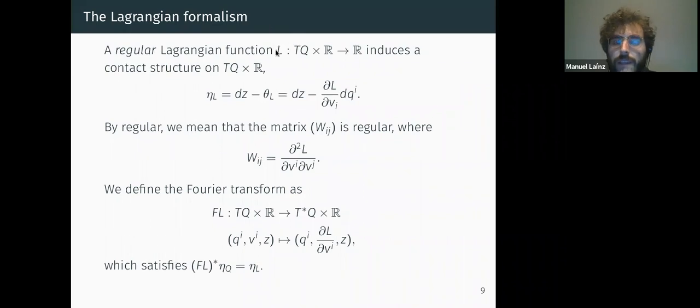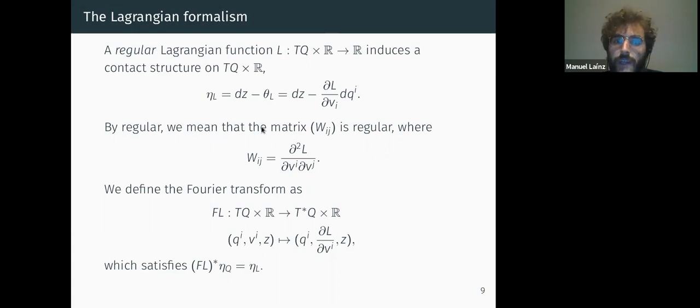Okay, now I will discuss the Lagrangian formalism. As I commented before, the cotangent bundle times R has a natural contact structure, but the tangent bundle times R does not. However, if you have a Lagrangian function, a contact structure is naturally induced. This is similar to what happens in symplectic theory.